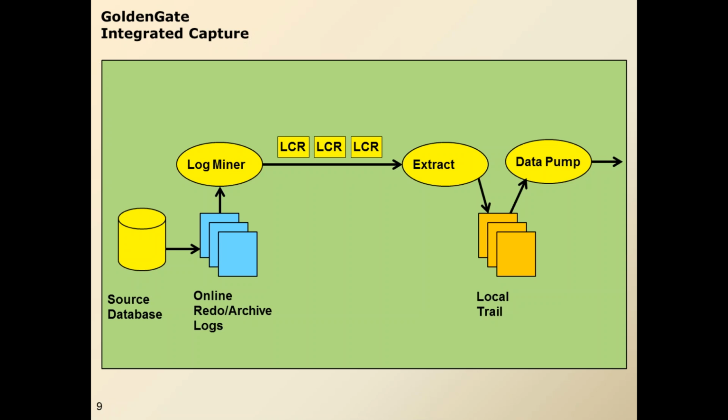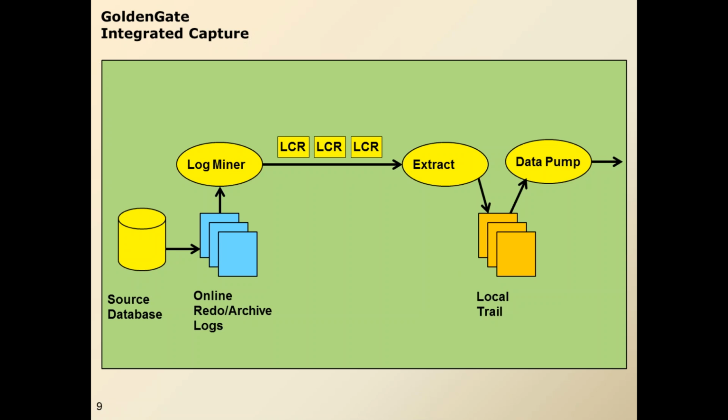So what is the difference between integrated capture and classic capture? The difference is that in integrated capture, your extract process does not interact directly with the transactional logs of the database, that is redo logs and archive logs.